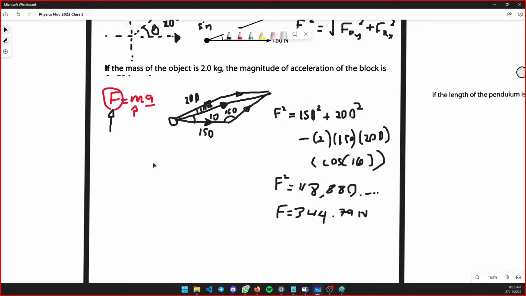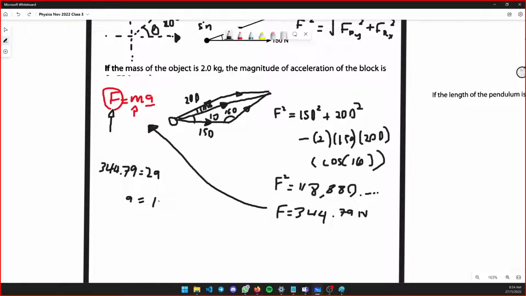Okay, and after that, what do I do? I input this straight into here, and I get 344.79 equals 2a. So a equals 172.4.